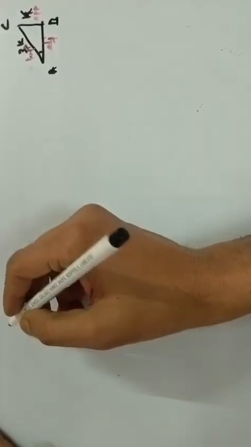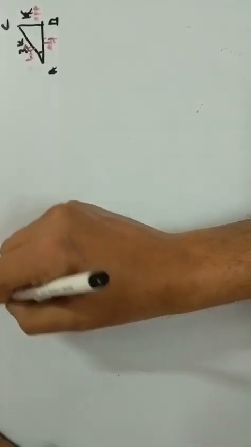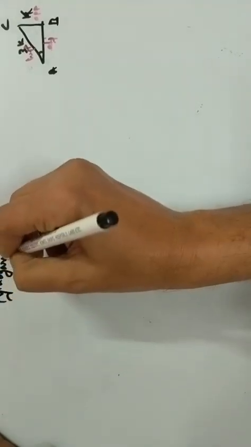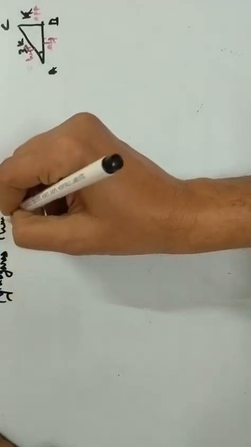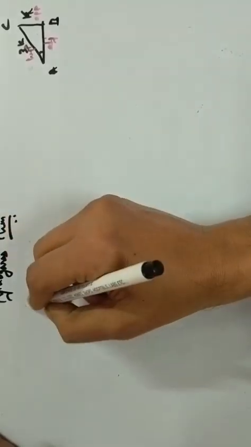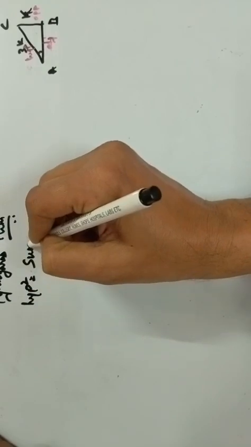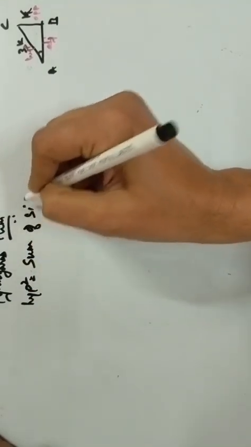Now he has given us two sides of a triangle. So we know that by Pythagoras theorem, hypotenuse square is equal to sum of side squares.